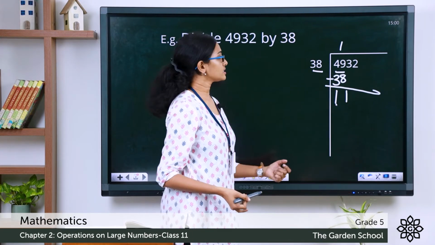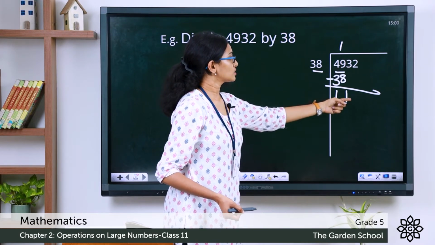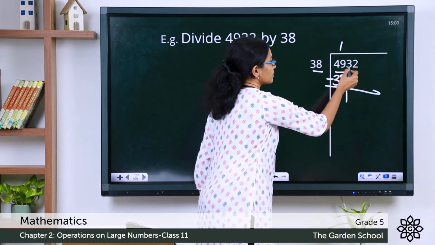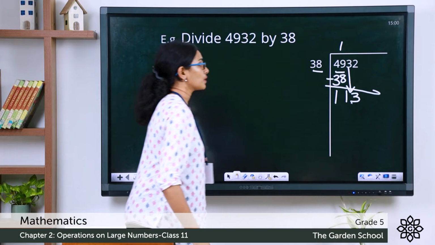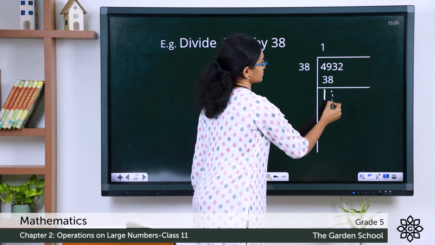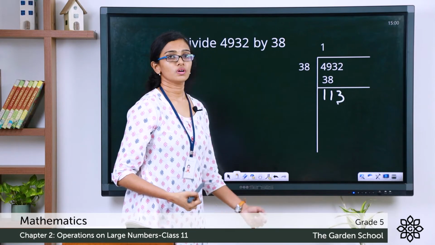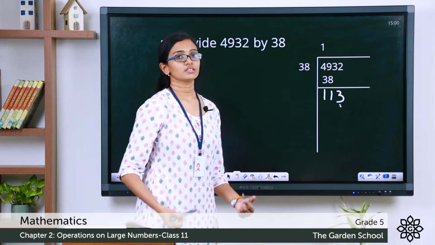Now the next step is to bring down the next digit of the dividend to this place. So we are bringing this 3 down. So this becomes 113. Now we have to divide this 113 by this 38.